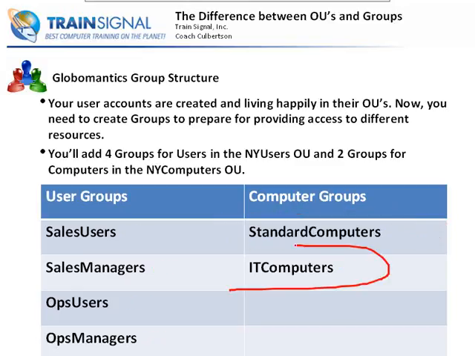IT computers, however, that's what us as the IT department are going to be using. We're probably going to be providing more access to these machines than these machines here. But again, we're going to tackle the whole giving and granting resources and what users can and can't do in additional videos in this series. Okay, but right now we're just creating the structure so we can make that possible.